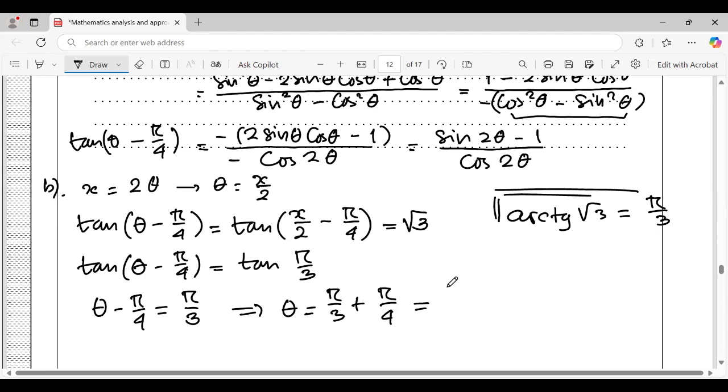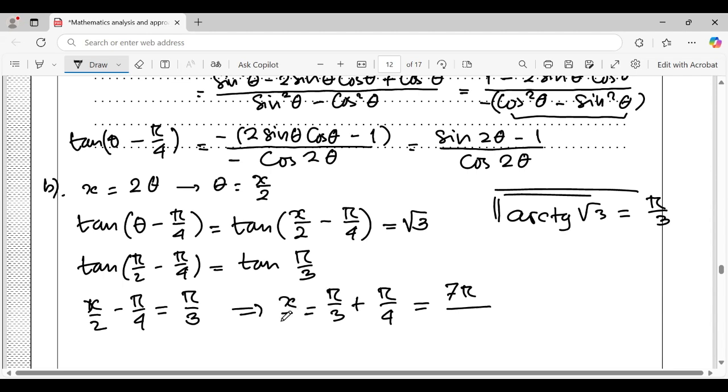4 plus 3, 7, so 7 pi over 12. Sorry, this is x half, because this expression is x half.